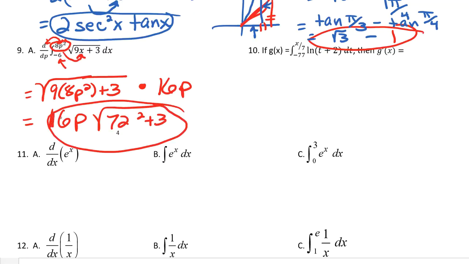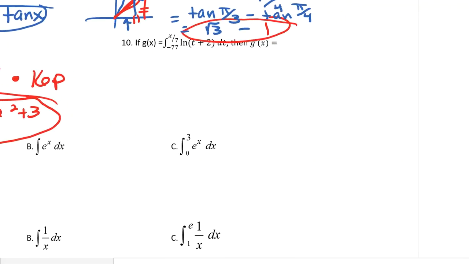So our fundamental theorem. And here we have an area accumulator function. G of x is accumulating the area under the log of t plus 2, and we're evaluating from a constant to a variable in terms of x. So when we do the derivative, we will be right back where we came from.